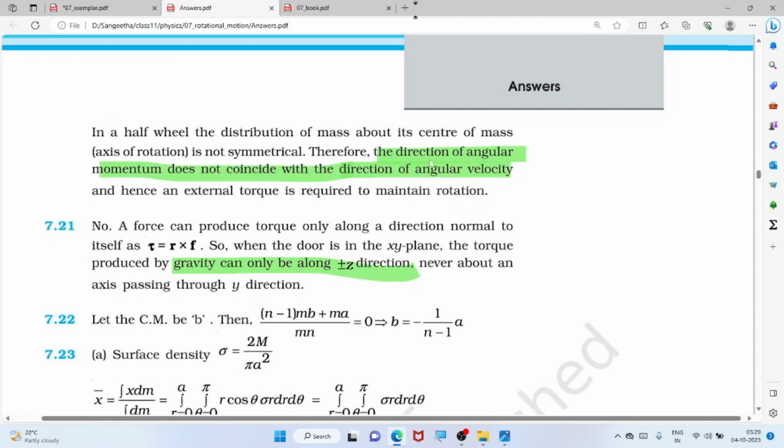I already showed you that the angular momentum direction and angular velocity direction will be the same only for a symmetrical system, not for an unsymmetrical one. So this is important. For the half wheel, because it is not symmetrical, an external torque is required to maintain the rotation.